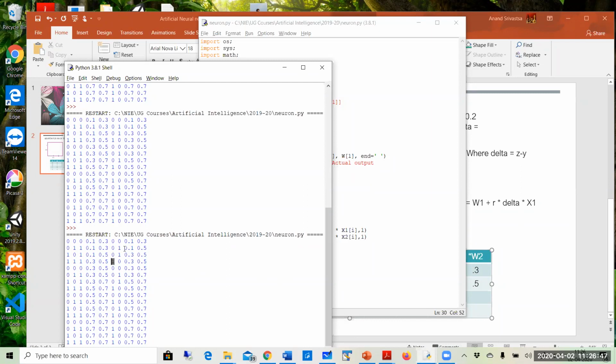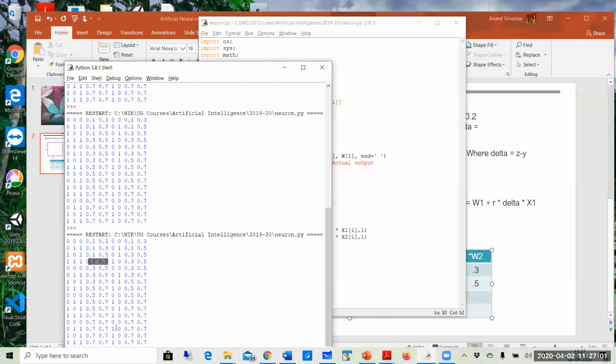These are the modified weights, W0, W1 and W2. That one I'm putting back over here. By the fourth iteration, the actual output has come to the desired output. See this? It is 0, 1, 1, 1.